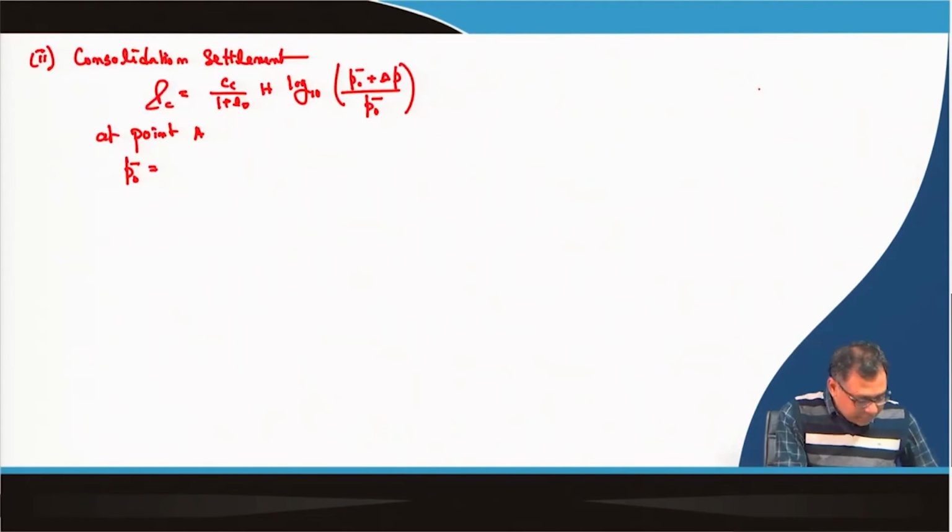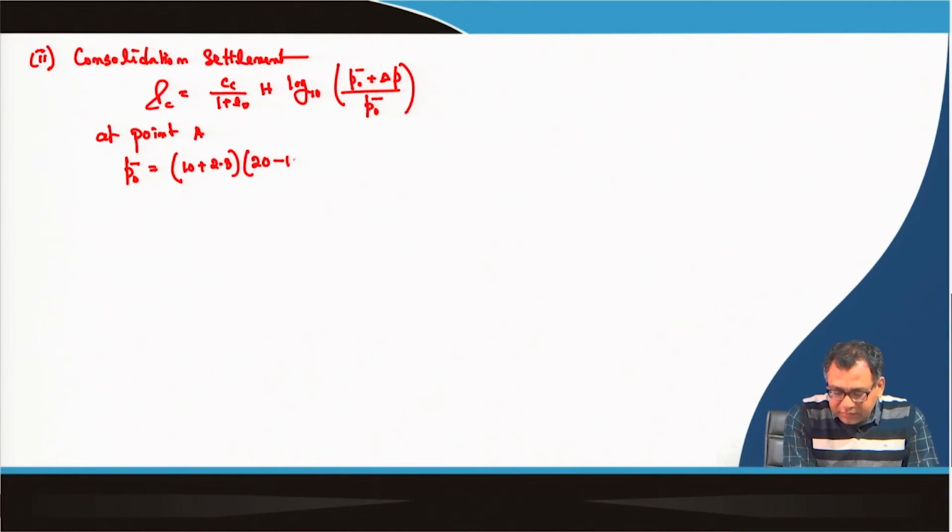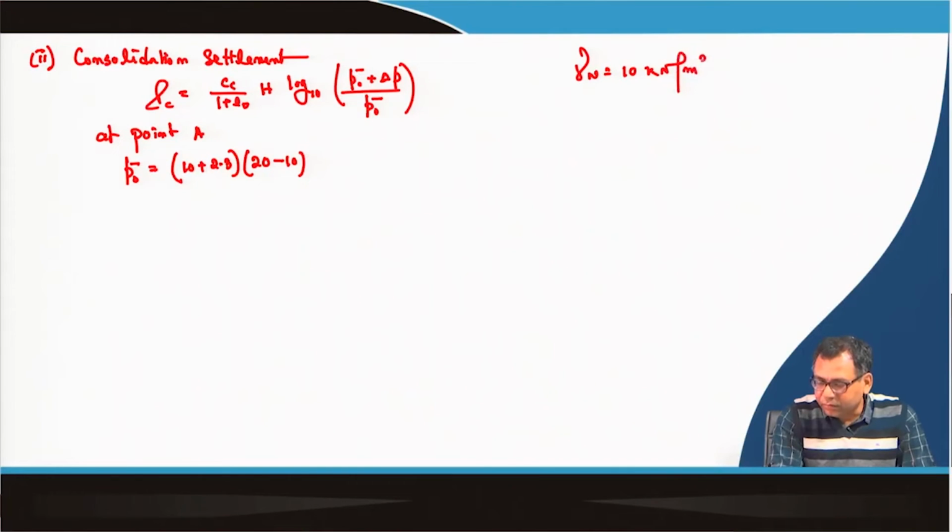So, we are considering unit weight of water as 10 kilonewton per meter cube. So, 20 minus 10, into 12.3, that is 123 kilonewton per meter square.